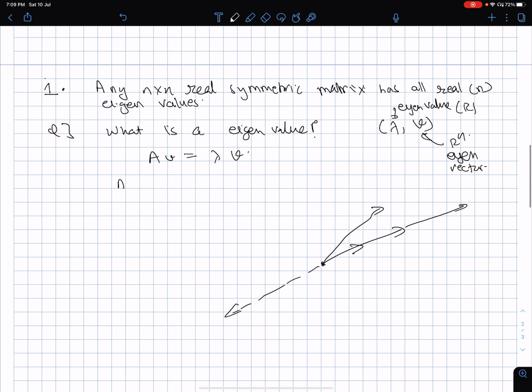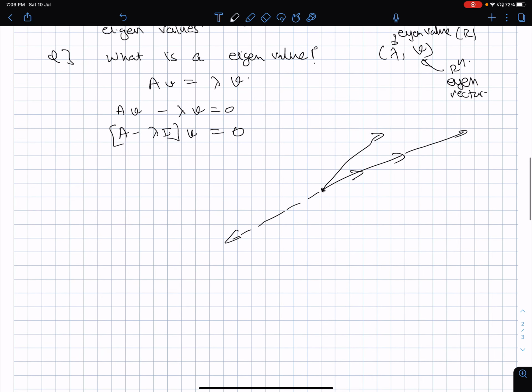So I can write this as Av minus lambda v equals 0, or in matrix form, (A minus lambda I) times v is equal to the 0 vector, which basically means that this matrix is singular or non-invertible, because you are multiplying it with a non-zero vector.